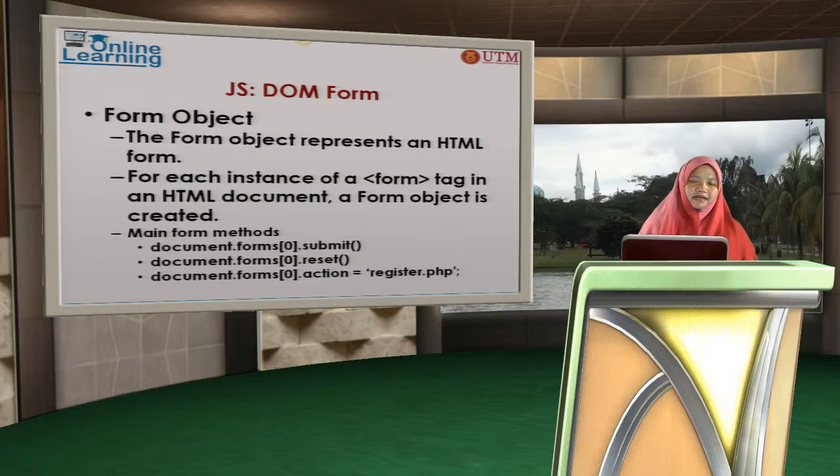As mentioned in this slide, you have to use a specific main form method: document.form.submit. The next one is document.form.reset, and the last method is document.form.action, where you call the PHP file, for example here, register.php.